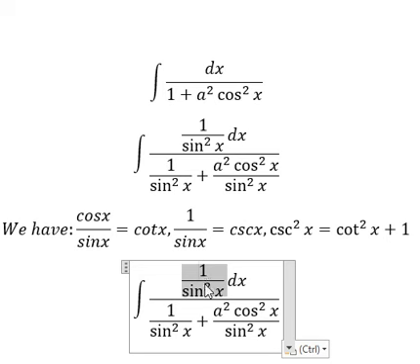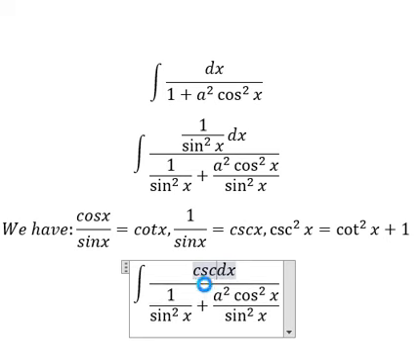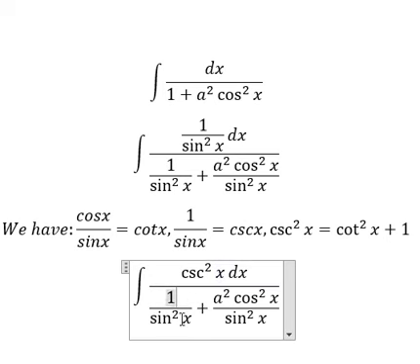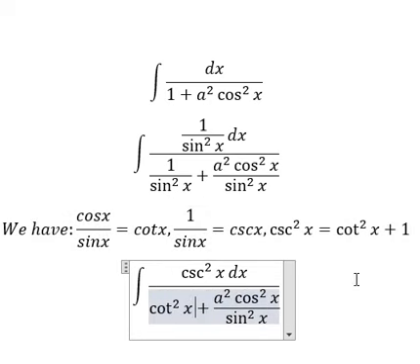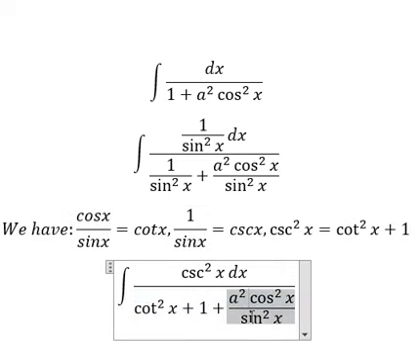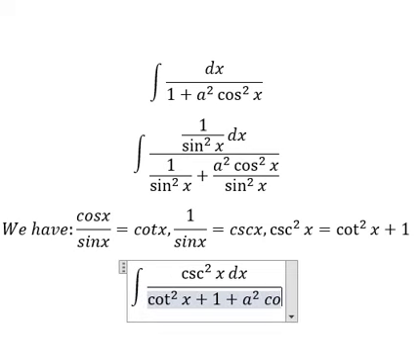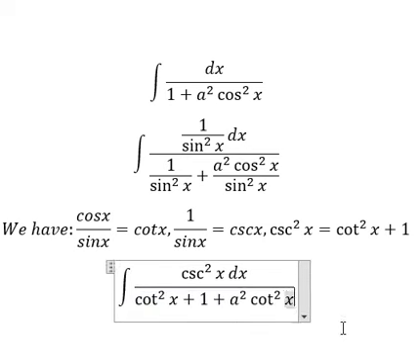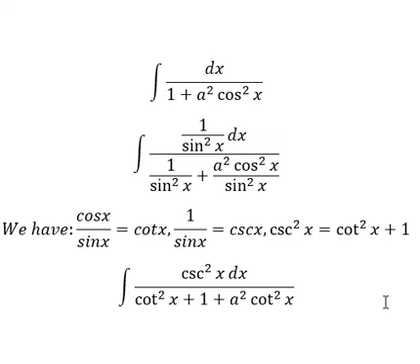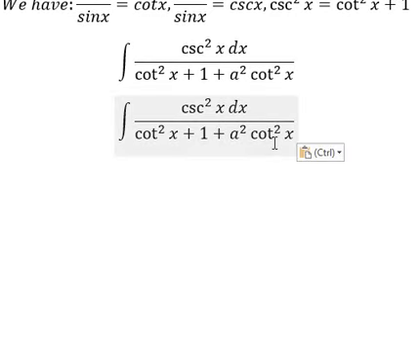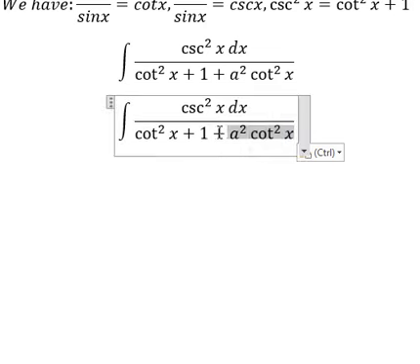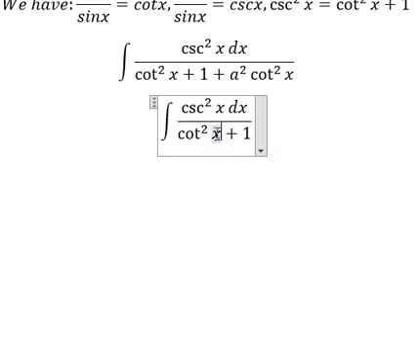This one, that is about cosecant of x squared. This one, we need to transform this one. This one, that is about cosine x squared. So cosine x squared, we can do factorization.